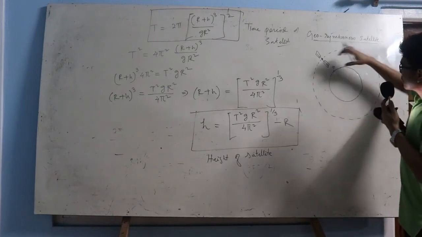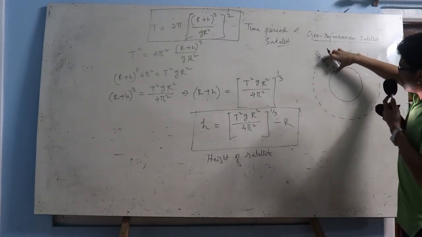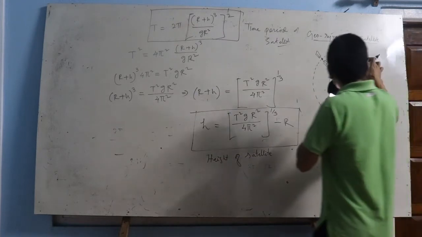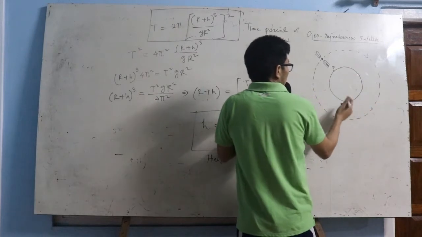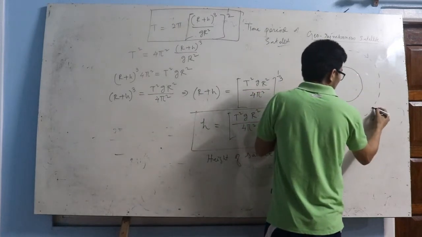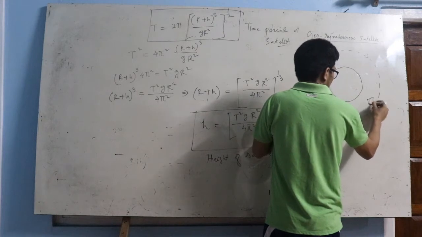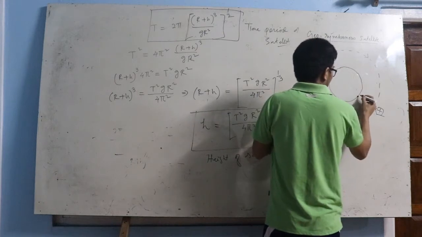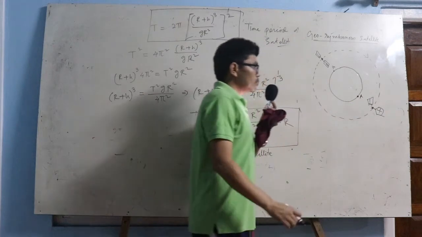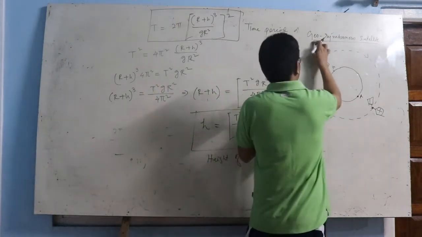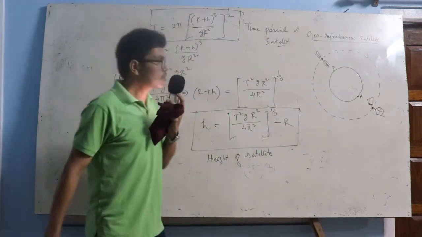Whenever they move, they will be moving all the time together. If the satellite is here, for example, then the point A will be shifting here again, like this. All the time they will be moving together. Such a type of satellite is known as a geosynchronous satellite.